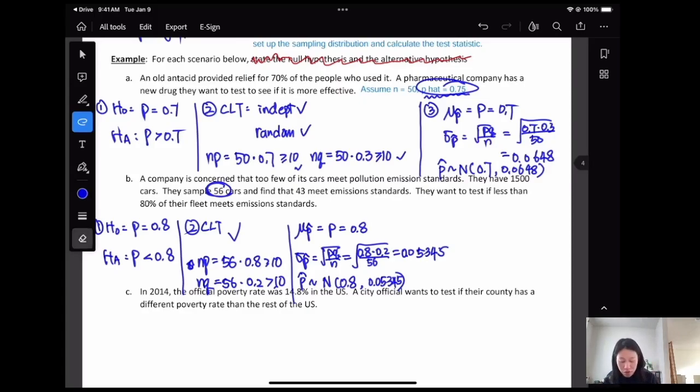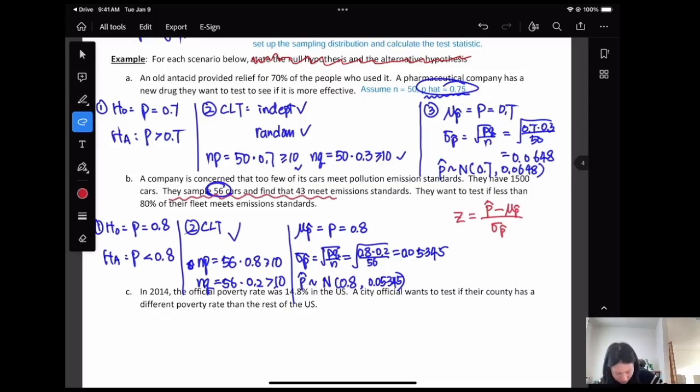If you want to use the test statistic, we need to find the z-score. The z-score equals p hat minus mu p hat over sigma p hat. So p hat is equal to what? P hat is the proportion in your sample.